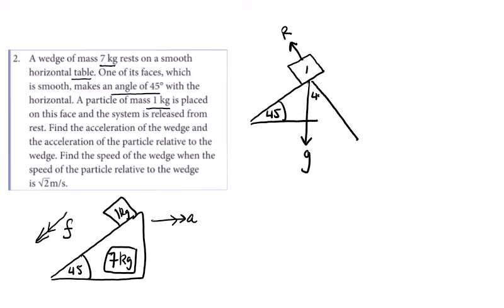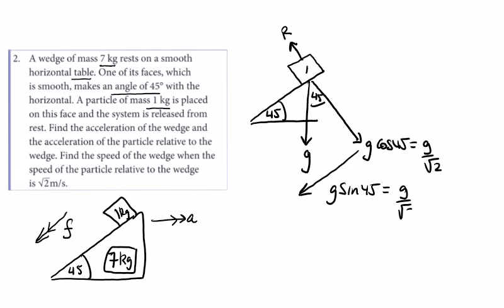So in this direction I have g cos 45, which is equal to g over root 2. And parallel to the slope I have g sin 45, which is also g over root 2.